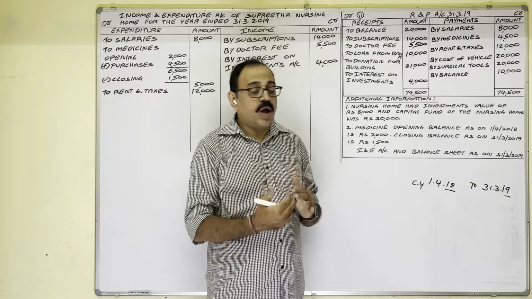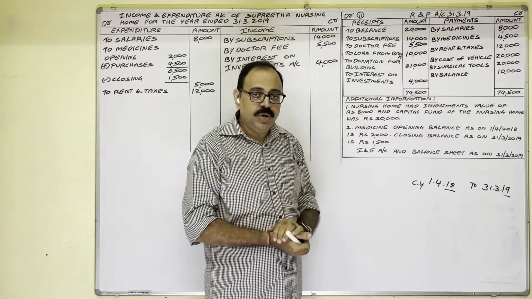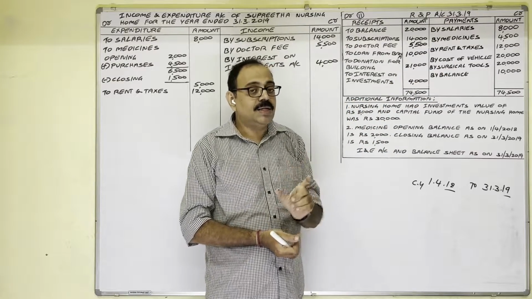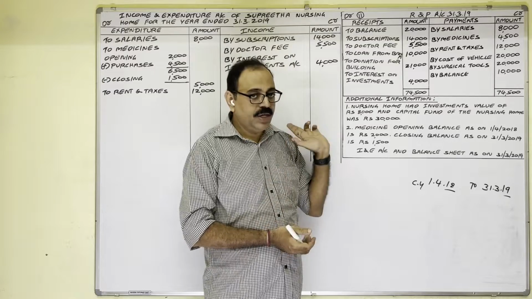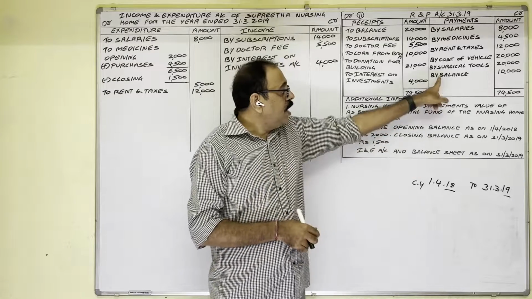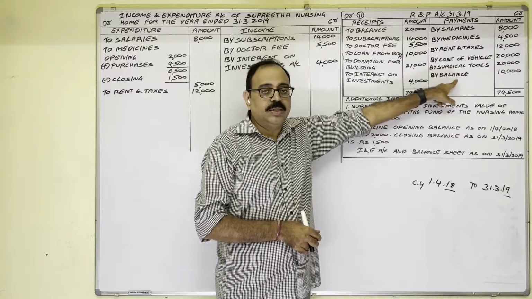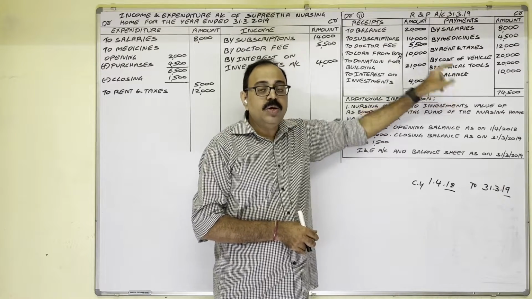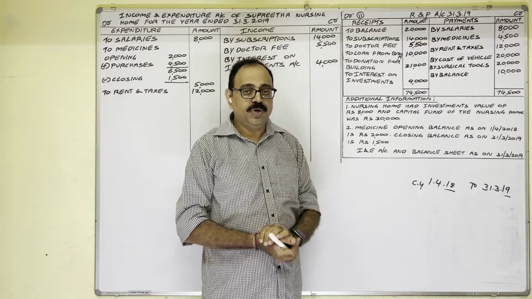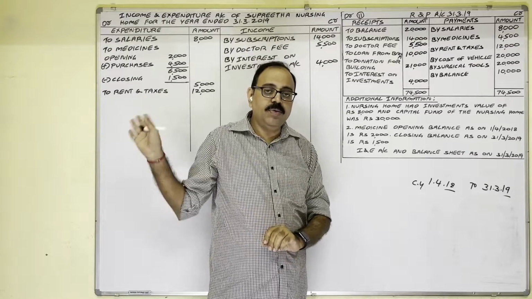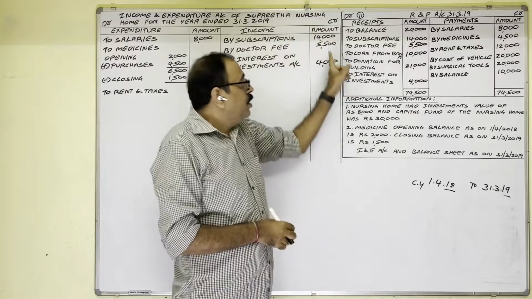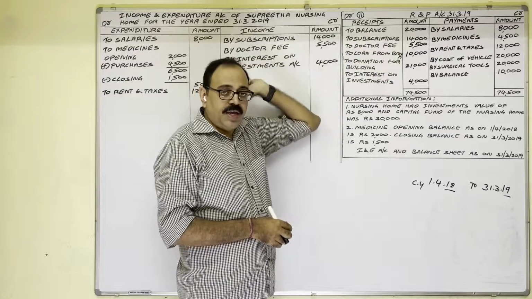Regularly you are not going to buy vehicles and surgical tools. So capital expenditure, in the balance sheet under asset side we have to show. Not here, therefore ignore. Last, balance. This is called closing cash balance. Closing cash balance also in the balance sheet under asset side we have to show, not in income and expenditure account. So ignore.